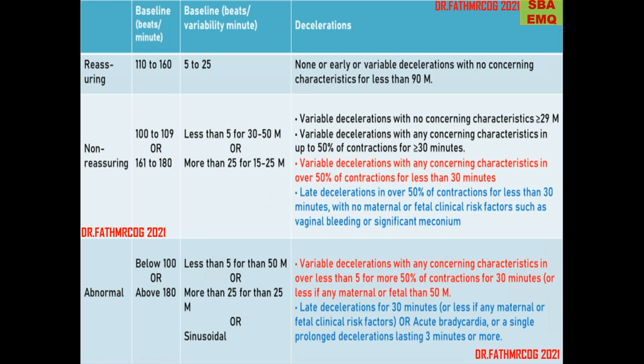Yes. Here we need less time, if it is more than 25 per minute, to classify it as non-reassuring, unlike less than 5 beats per minute. That's right. The time here is different. Yes, doctor. Thank you.